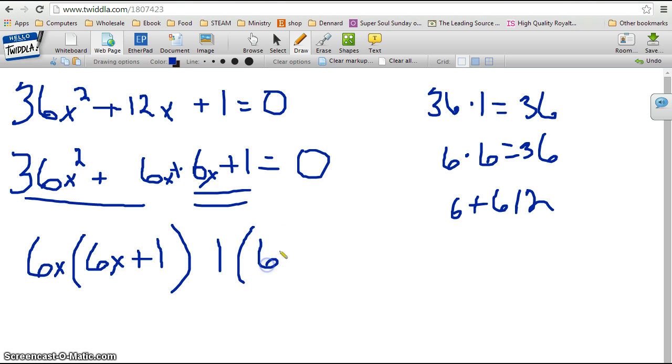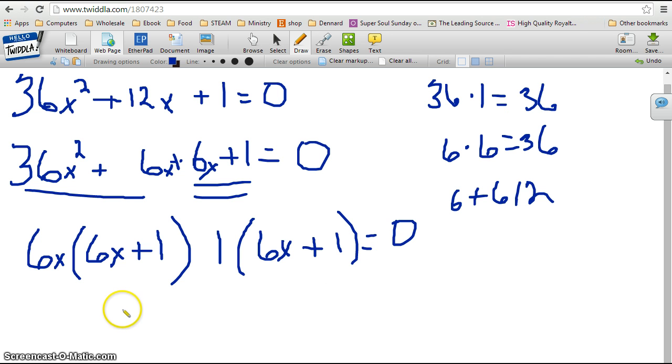This is going to be 6x. 1 times 6x gives me 6x. Plus 1 times what number is going to give me 1? 1 times 1 is going to give me 1. And I'm setting this to 0.